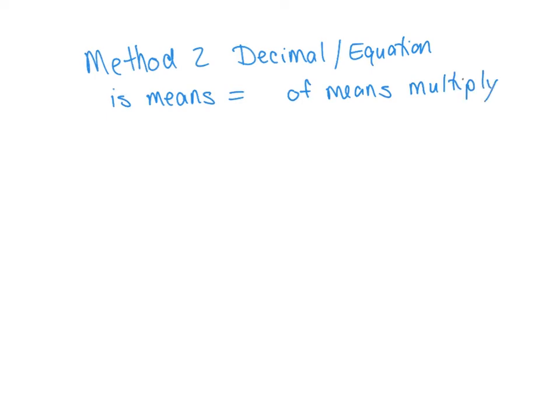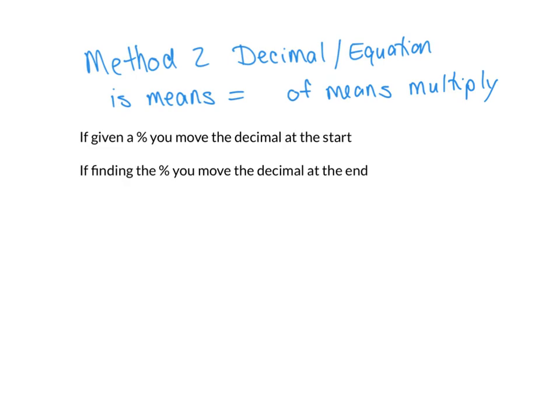The thing with this method is you're always going to be moving a decimal at one point in the problem. So if they give you a percent at the beginning of the problem, you need to turn that percent into a decimal at the beginning. If you're finding the percent, you're going to take your answer and then move that decimal in order to make your answer into a percent.